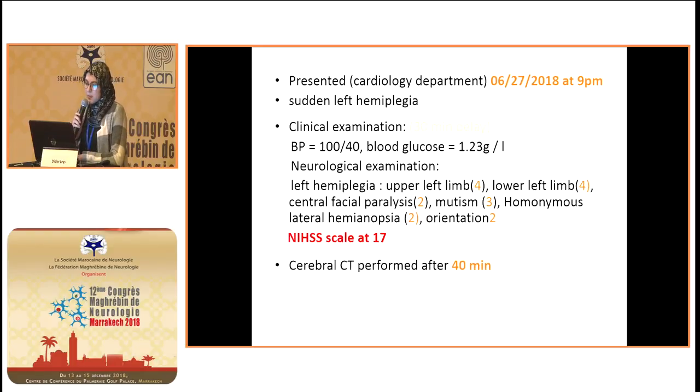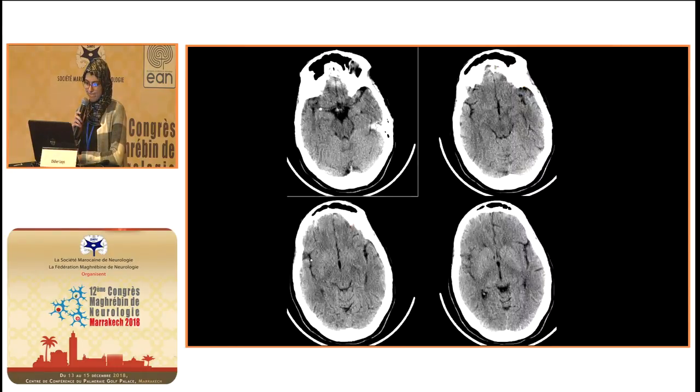Presented in the cardiology department June 27th at 9 p.m. with sudden left hemiplegia, with central facial paralysis, anonymous lateral hemianopsia, and orientation at 2. So the NIH scale at 17. The cerebral CT was performed after 40 minutes.